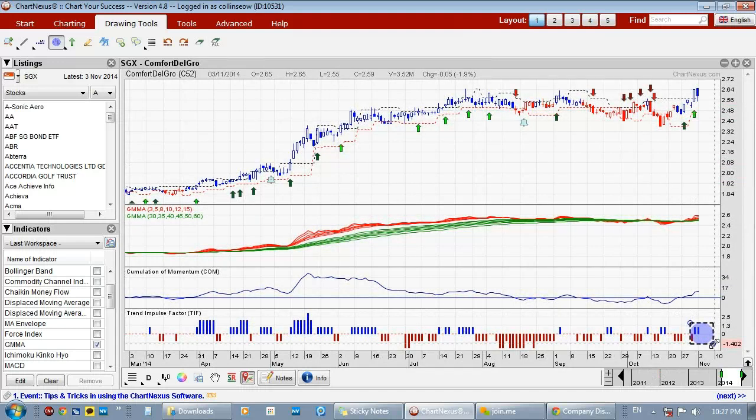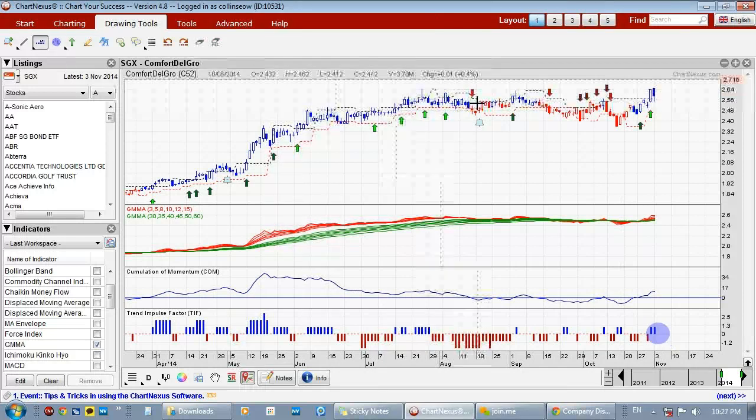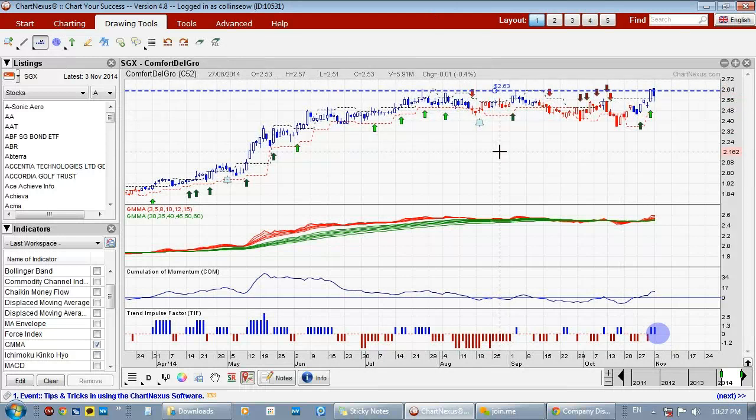So this stock looks like maybe breaking new resistance. See whether it can break above this high. Today it tests, gaps up, tries to test, didn't succeed, came back down.